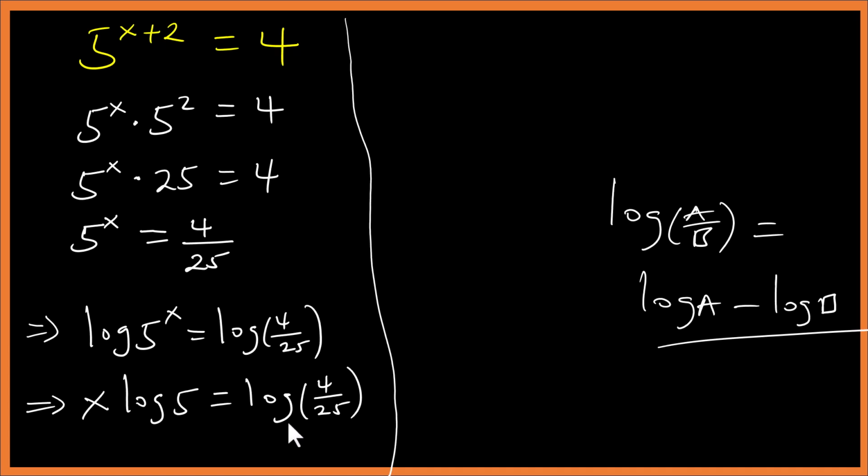So we can write the right hand side. So we have x log 5 equals log 4 minus log 25.